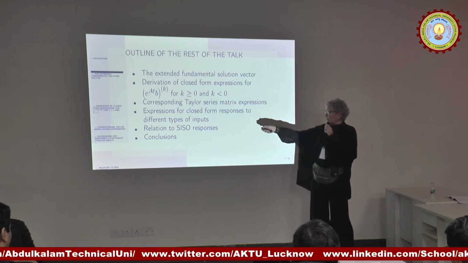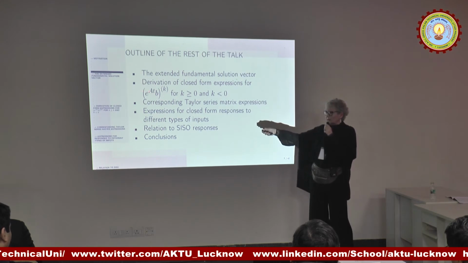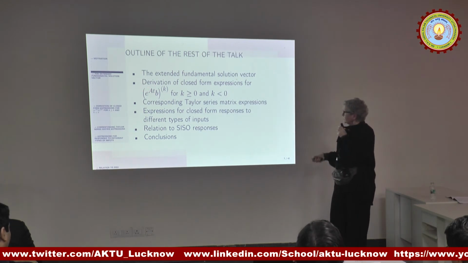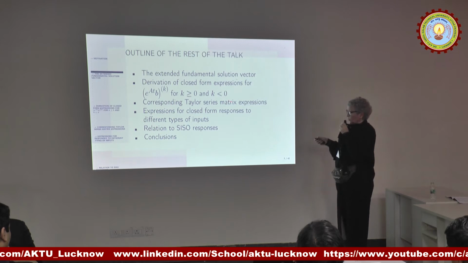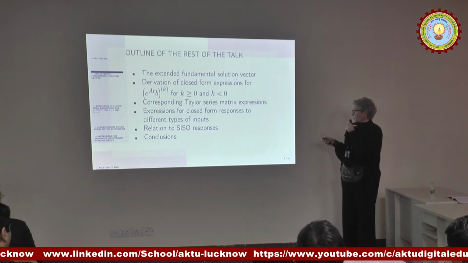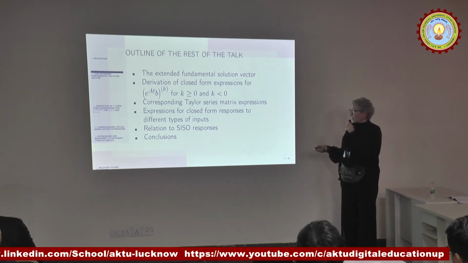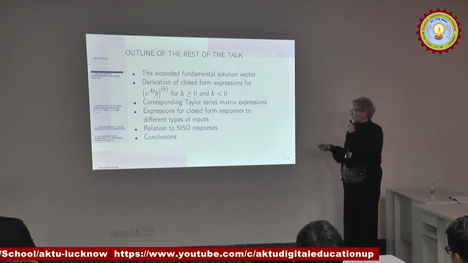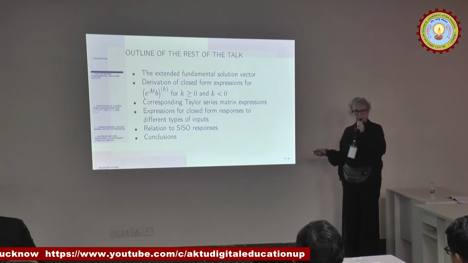So these will be the derivatives and the anti-derivatives. We will then do corresponding Taylor series matrix expressions, and move on to expressions for closed form responses to different types of input.